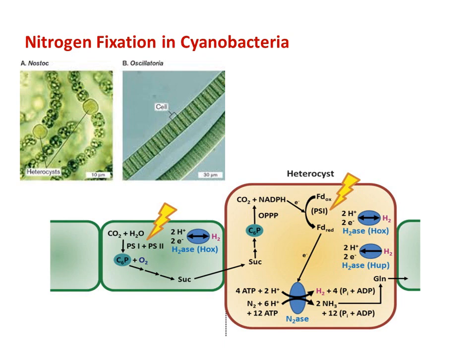This hydrogen should not go waste, because a large amount of energy would have been utilized for the production of this hydrogen. So there is a certain hydrogenase enzyme which has an ability of recycling this hydrogen again, so that nitrogen fixation can happen actively.